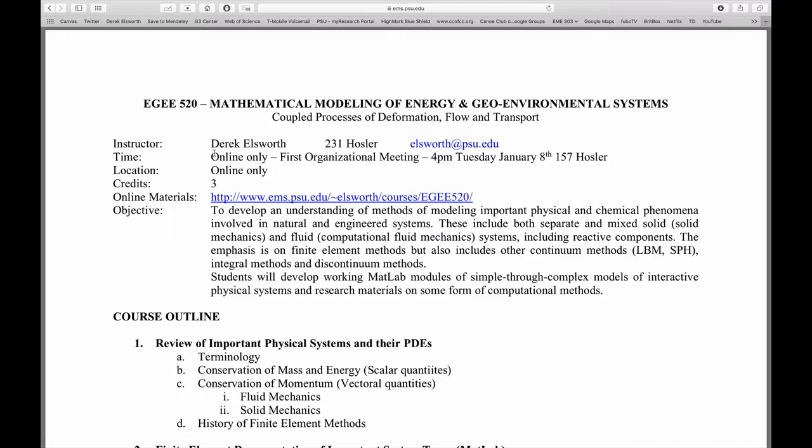And then taking those four systems, mechanical deformation, fluid flow, mass transport, and heat transport, and looking at ways in which they can be combined in some way. And all using domain-related methods, the finite element method in actuality.